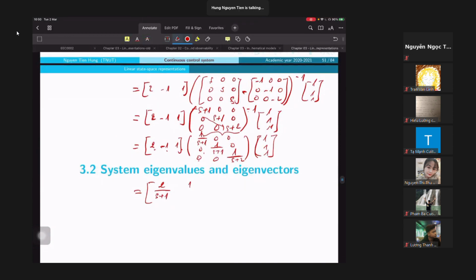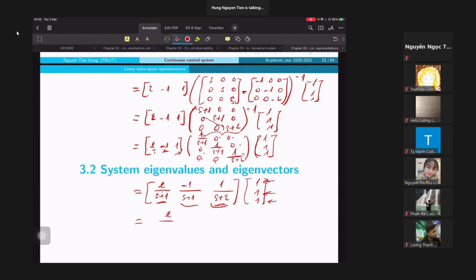And here we got minus 1 over s plus 1, and here 1 over s plus 2. This multiplied by this is 0, this 0. And here we got 2, 0, minus 1, minus 1, 0, and for this we got 2, 1, 0, and 1 of this. And here we got 1, 1, 1. Finally, we multiply this by this, and this by this.